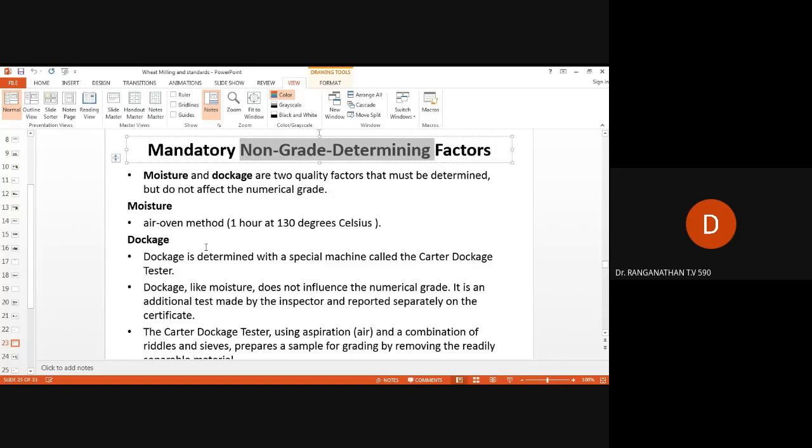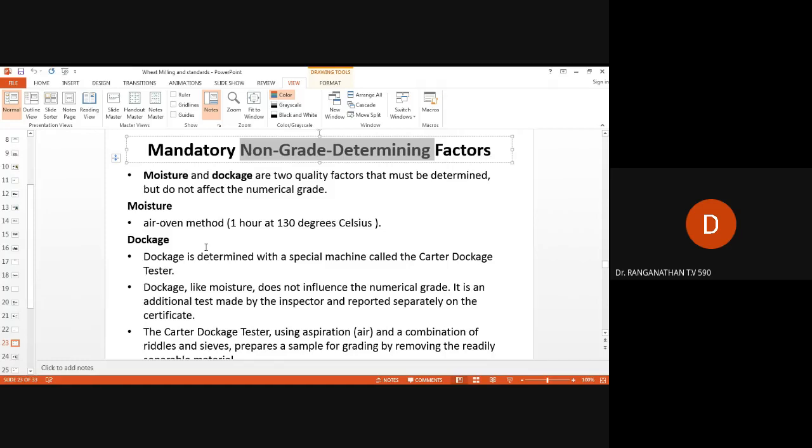Now, how do I do moisture estimation in the case of cereals? We do it at 130 degrees centigrade for 2 hours. Conventionally, we do it at 105 degrees centigrade for 4 to 5 hours. Now, why 130 degrees centigrade in this case? In the case of cereals, and the same method is followed for rice or wheat, etc., the amount of sugars and starch is high.